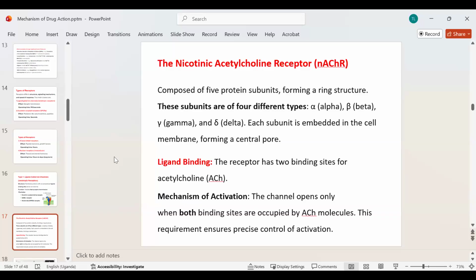For example, when I was talking about the binding of the proteins in blood during pharmacokinetics, we were just referring to the proteins that are usually in blood.